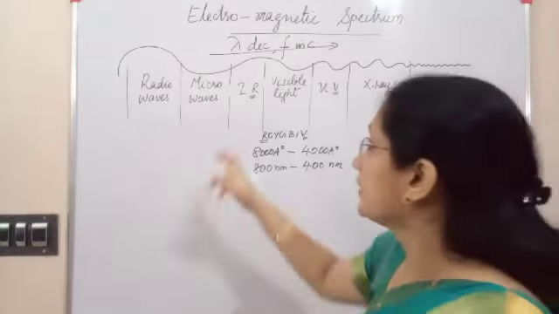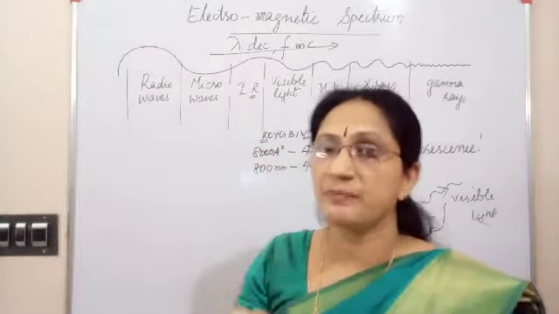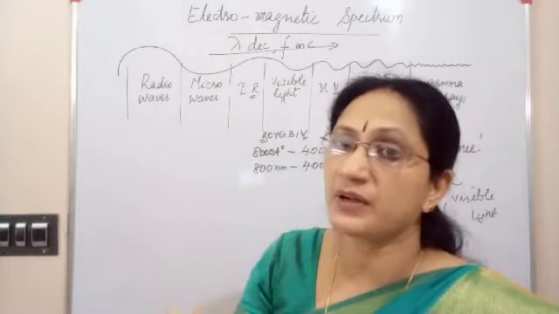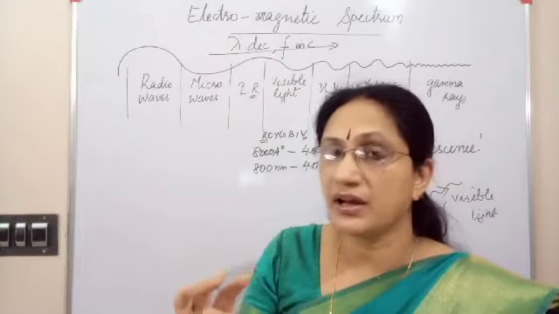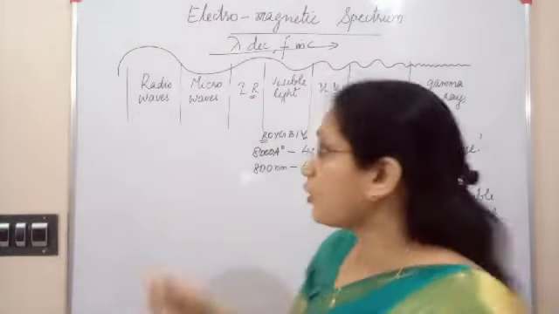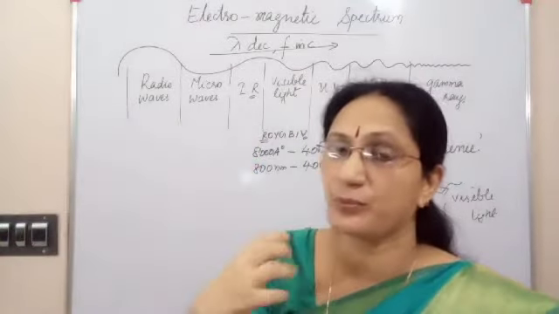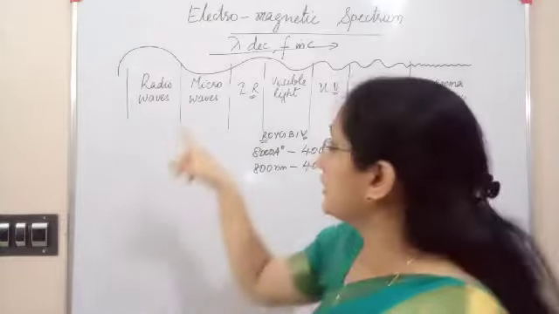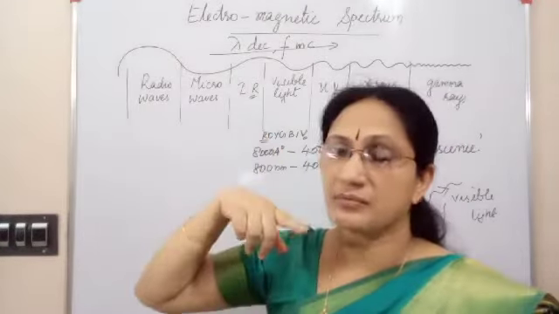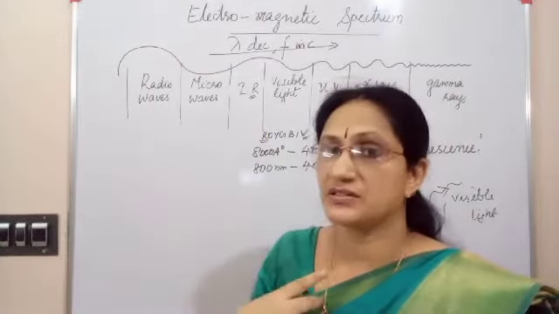Remember this point. So in infrared photography, the heat radiations coming from the body of an animal make the image. In ordinary photography, visible light coming from or reflected from an object makes the image. Here, heat radiations make the image.